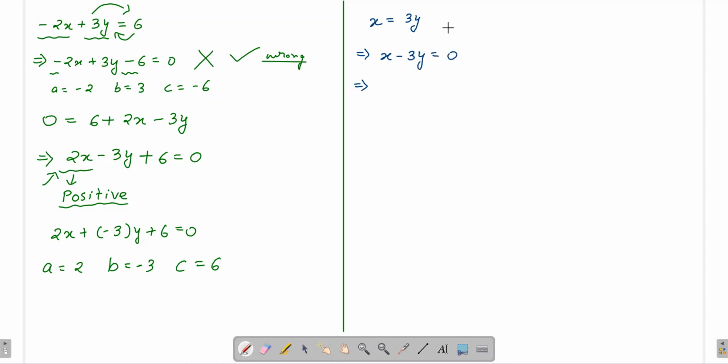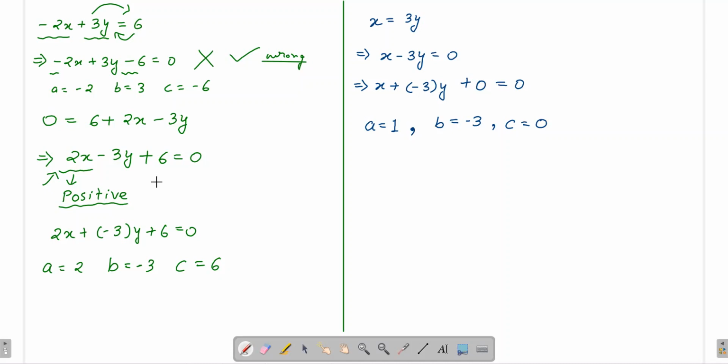Since we don't have a constant over here, it can also be expressed as x plus minus 3 times y plus 0 equals 0. Now if you want to find out the values of a, b and c, a as in the previous example was taken as 1, b as minus 3, and since there is no constant, it means c is 0.